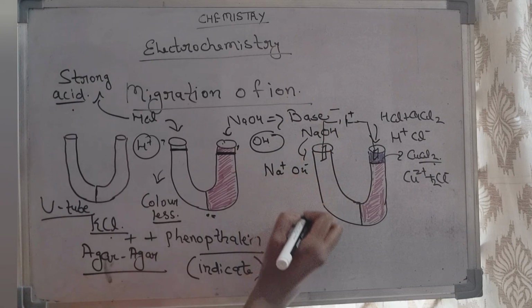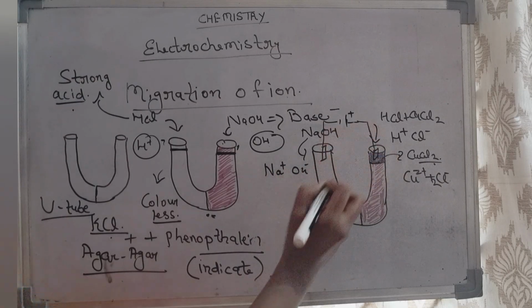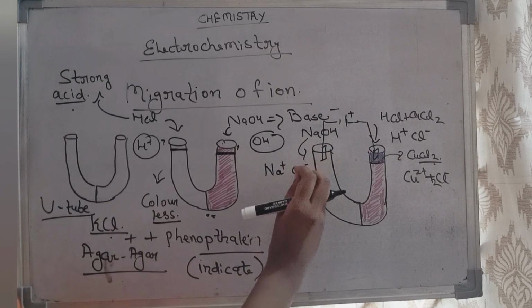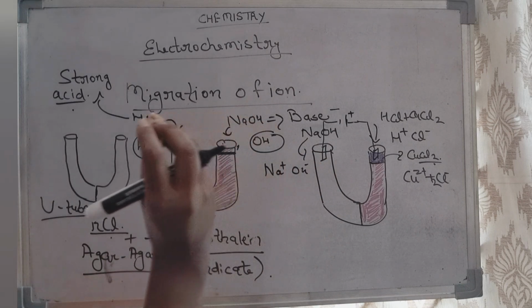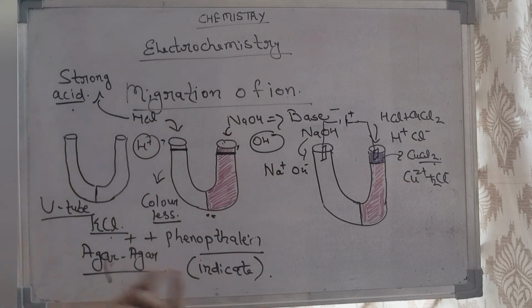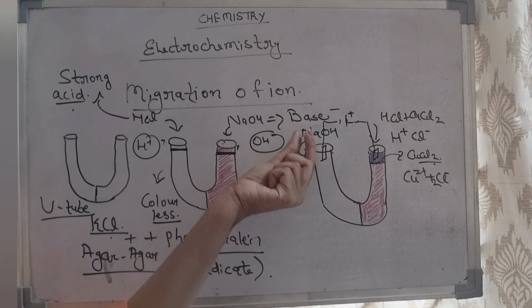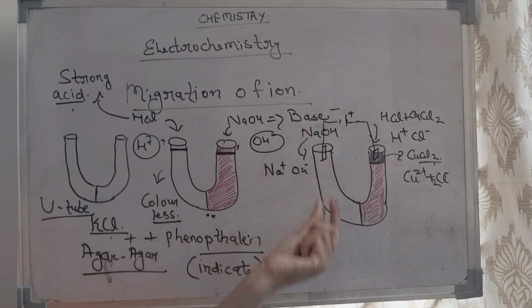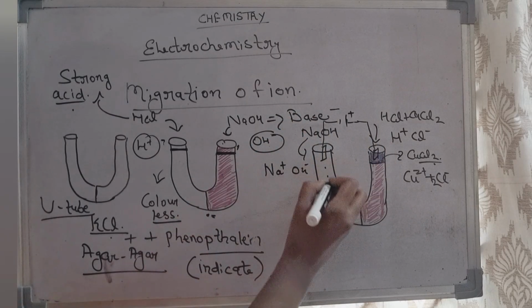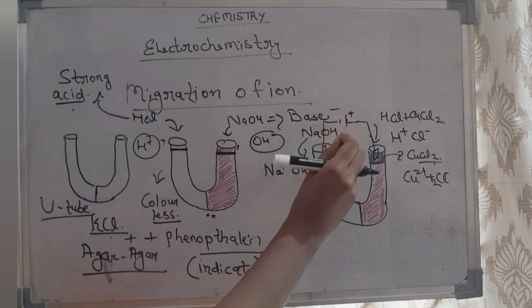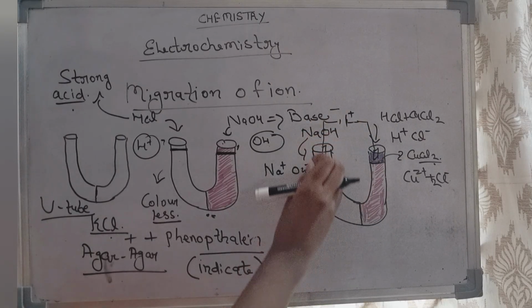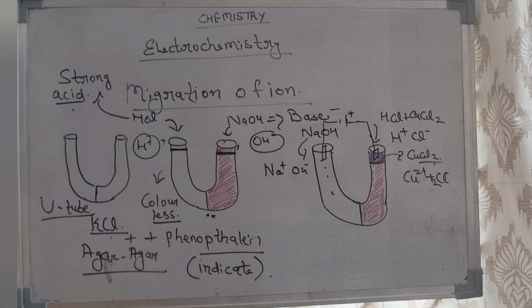Now when the OH negative moves towards the positive terminal, what will happen? The OH negative, when it comes in contact with phenolphthalein, the indication will be pink color. So when the OH negative goes towards this side, it will give you the pink color. Whatever part goes towards this positive terminal, this particular colorless side will become the pink colored side.